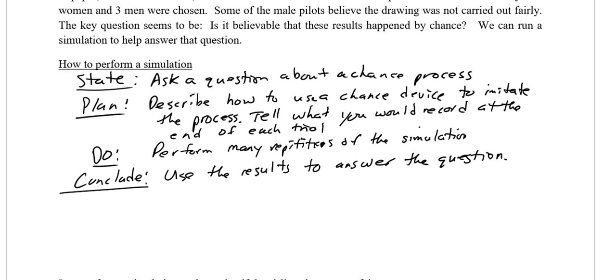Then our plan: we're going to describe how we're going to use a chance device, like random integer or equal-sized pieces of paper, or Table D, to imitate the process. And then we're going to tell what we would record at the end of each trial. Do: we're going to perform many repetitions of the simulation. And then finally our conclusion: we're going to use the results to answer the question.